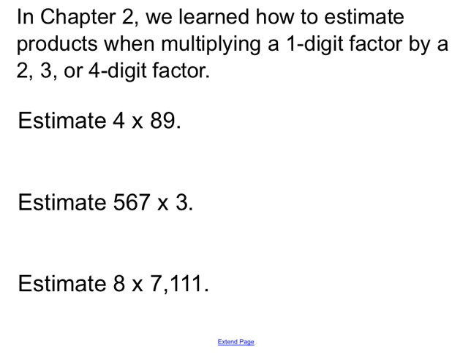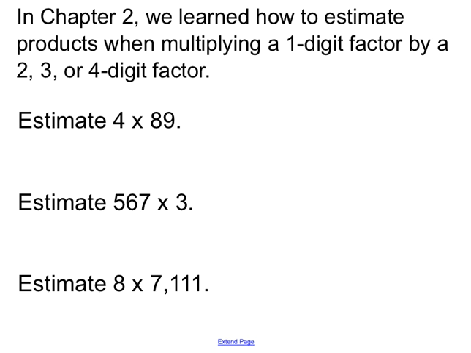Okay, before we begin, the most common mistake that students make is that they multiply to find the exact answer, then they estimate. But that's not what we're supposed to do.